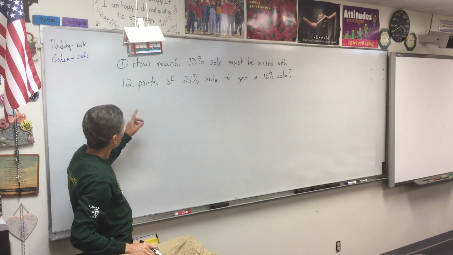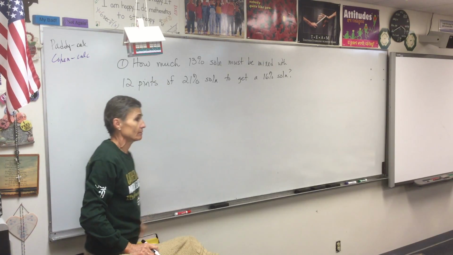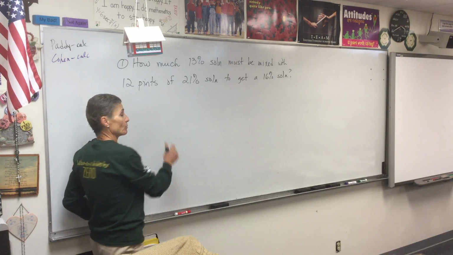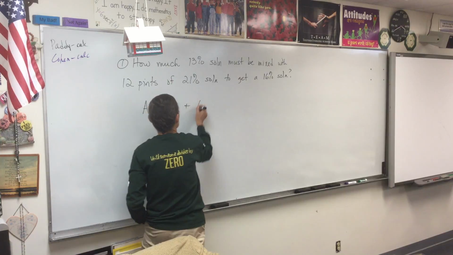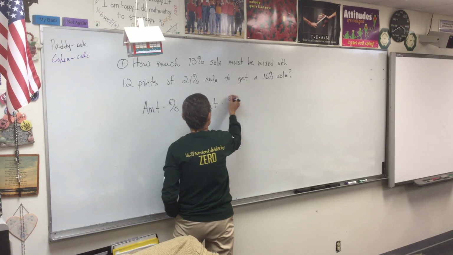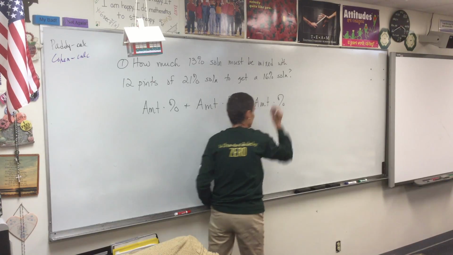All right, question number 1. How much of this has to be mixed with that to get that? So our general format, amount times percent plus amount times percent equals amount times percent.